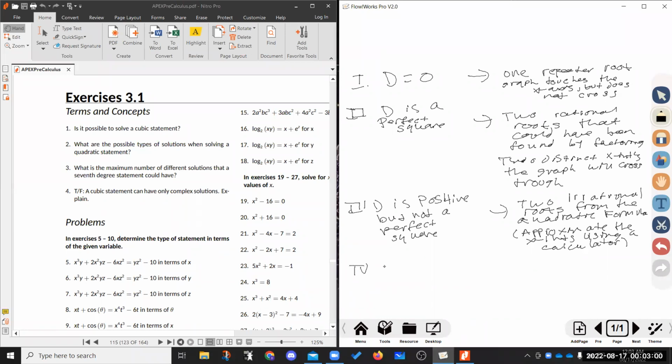In case 4, when the discriminant is less than 0, we get 2 complex roots in the form of a plus bi from the quadratic formula.